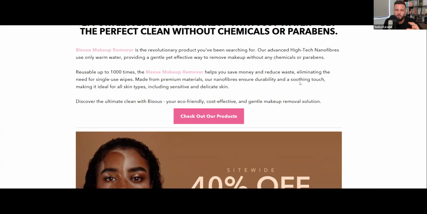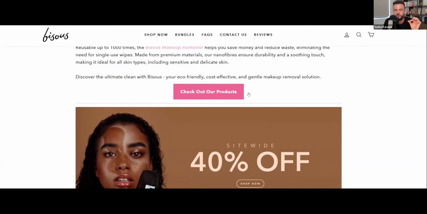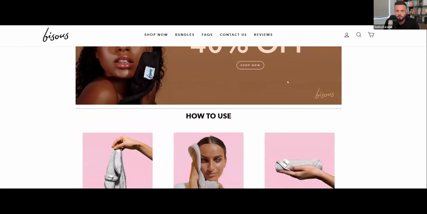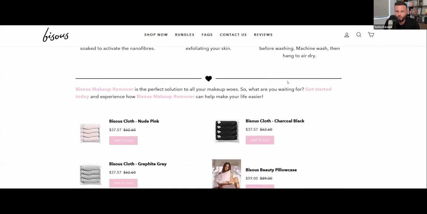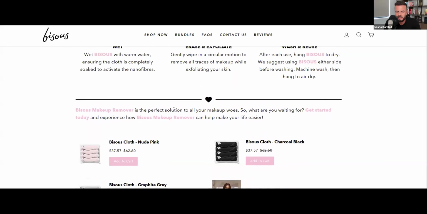And the moment they reach that promised land moment of, I'm going to buy this, there should be a button for them to click straight away. So the 101 practice is to make sure that at each fold in your page, there are opportunities for people to take action, click the button and move through the process.